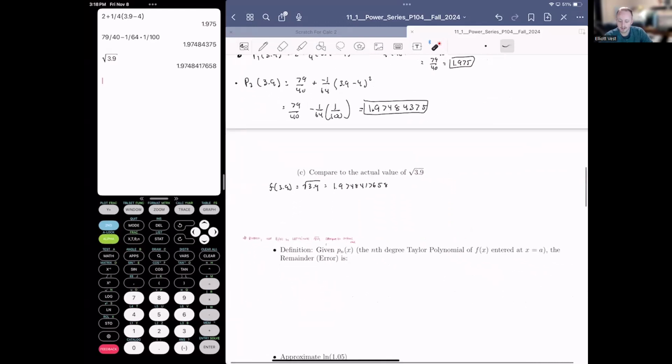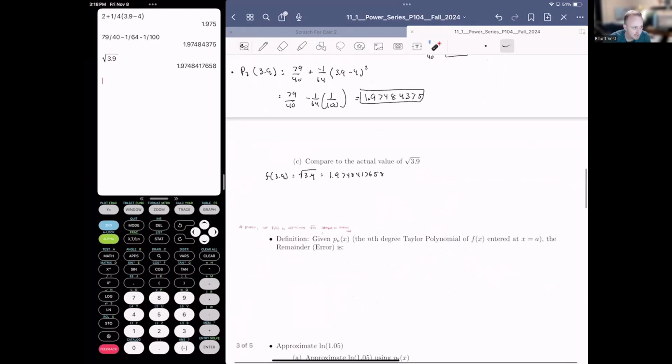In general, there is a way to find a remainder term, and that's just like subtracting them, right? Remainder error, we're going to denote it as Rn of x. Formally, it's your function minus the power series up to that nth term, right?